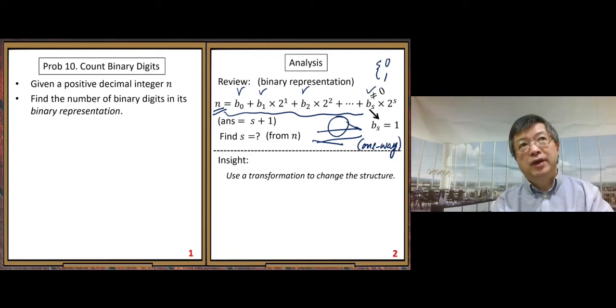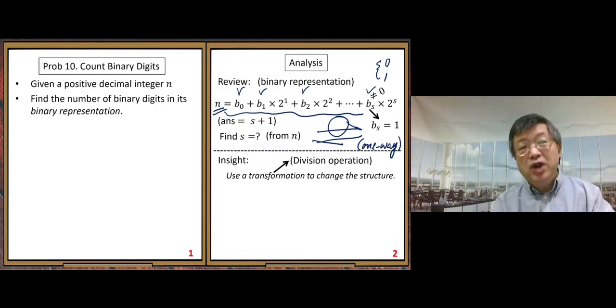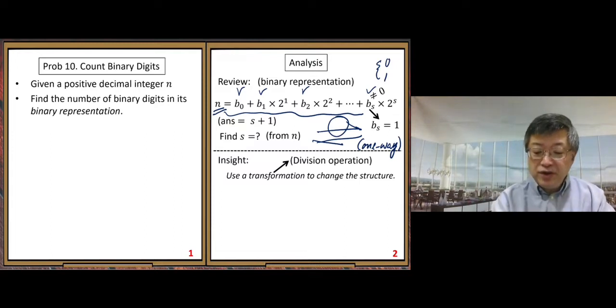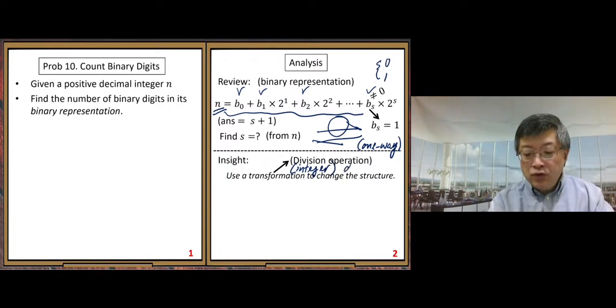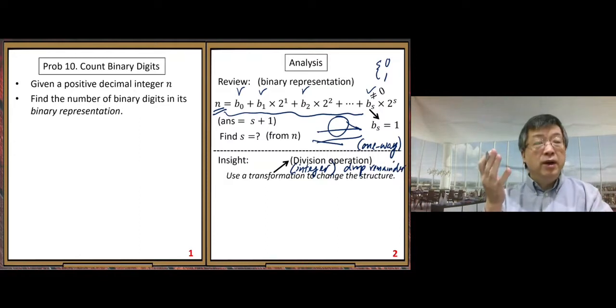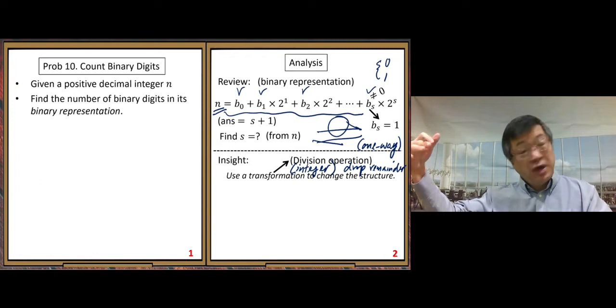So what kind of one-way transformation? Division operation, integer division. When you do integer division, you drop the remainder. When you drop the remainder, that's a one-way change, because you cannot go back.